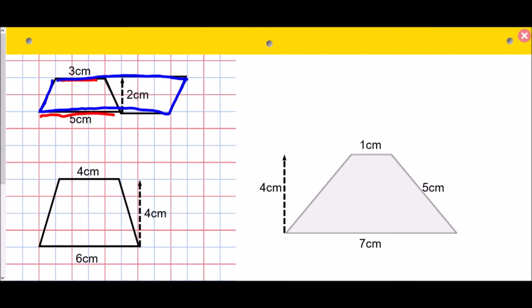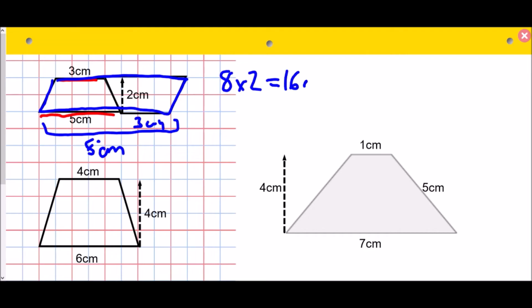The width of this full parallelogram would have a total width of 8 centimetres. The height would be 2. So if I wanted to find the area of the parallelogram that I've now formed, I would have done 8 times 2.